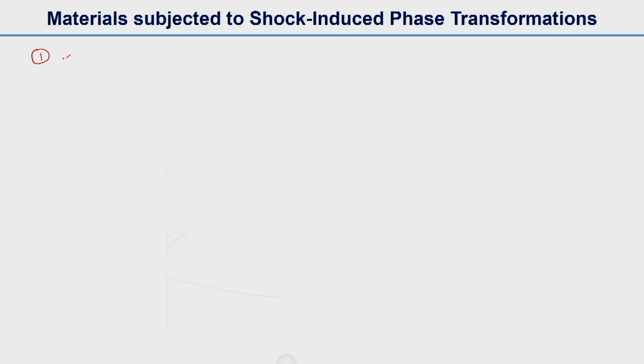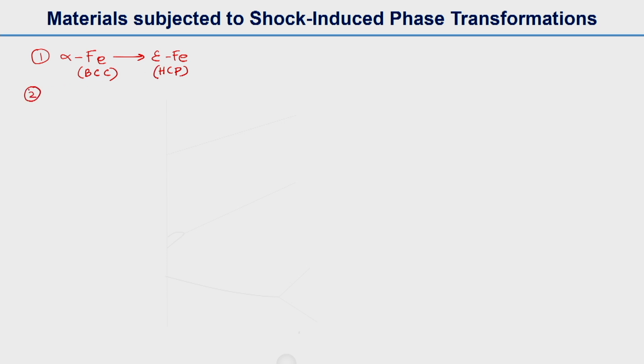There are some common examples of shock wave induced phase transformation. One is already mentioned: alpha iron transforming to epsilon iron. As you know, the first one is BCC, and after transformation it will be a hexagonal close-packed structure.